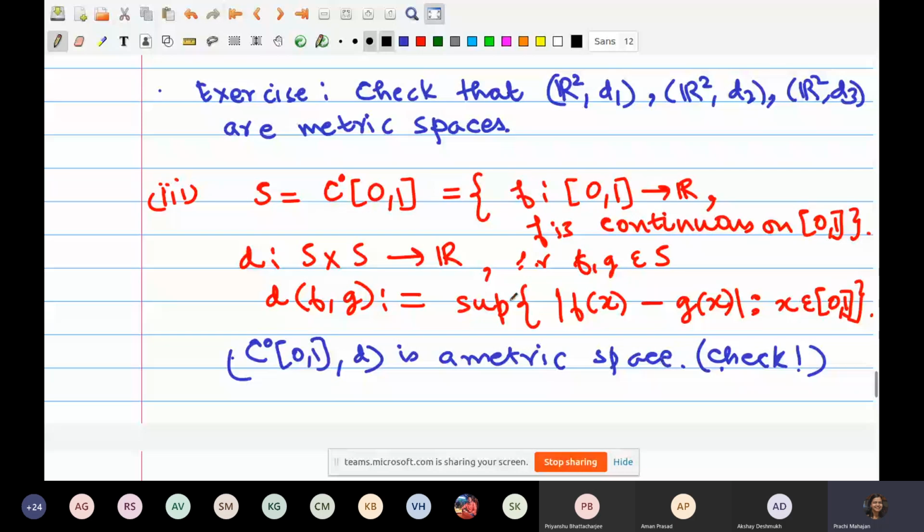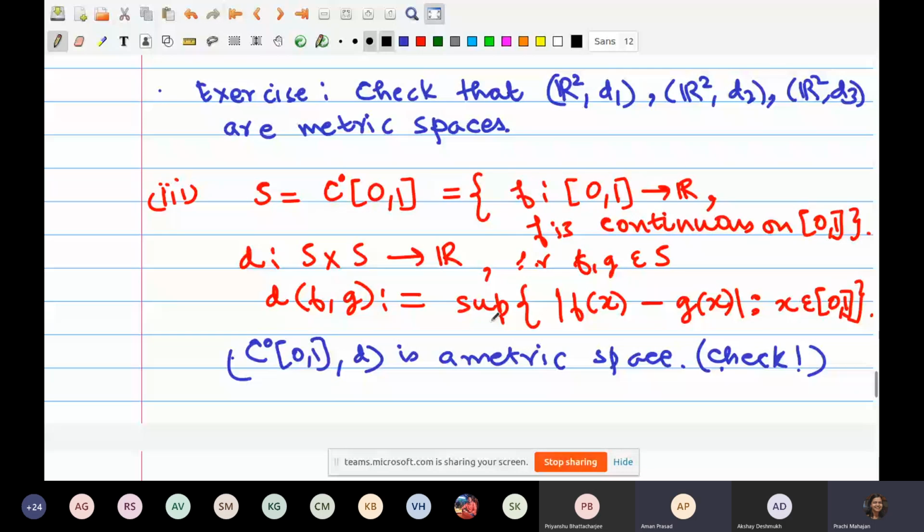What does it mean to say f(x) equals g(x) for some x? That doesn't say that the functions f and g are identical. All you want is that the distance between f and g is 0 if and only if f equals g, which means that f(x) is equal to g(x) for every value of x. Correct?